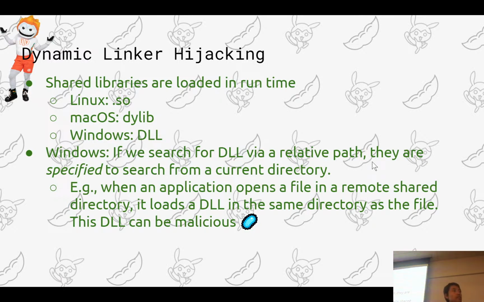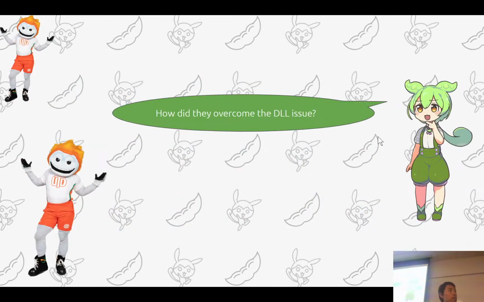Although Microsoft has known this specification for a long time, because of compatibility problems they didn't fix it. Not recently, but around 2000, they patched it. How did they overcome this DLL issue?